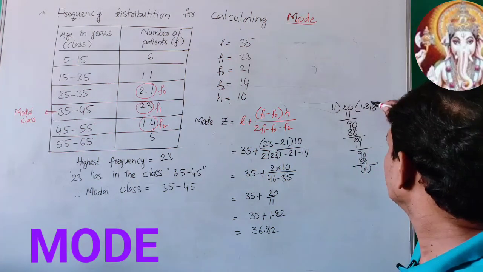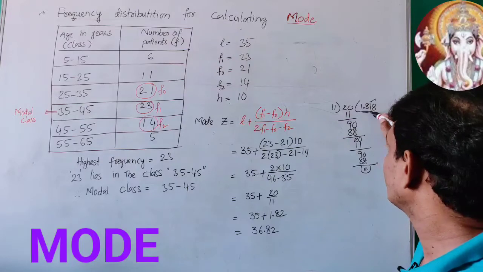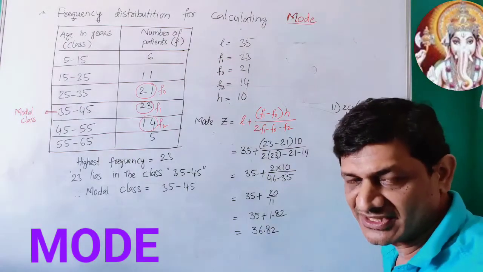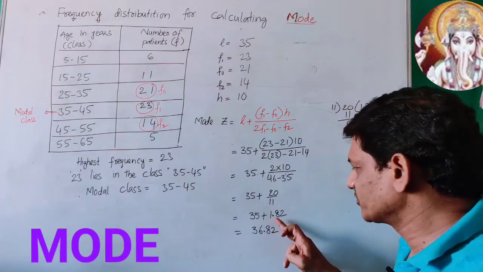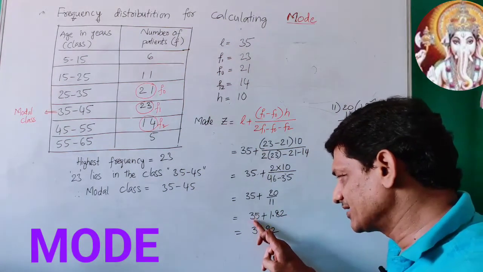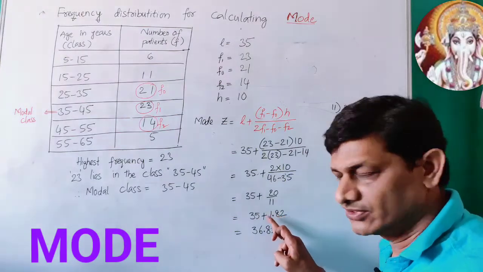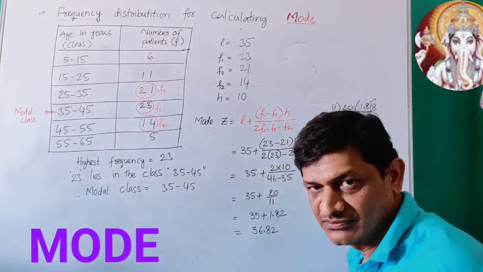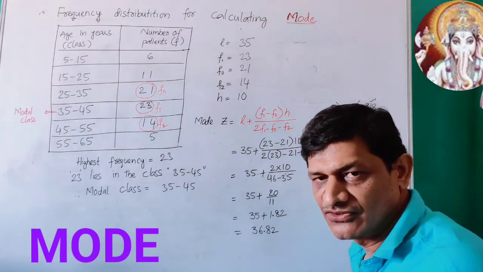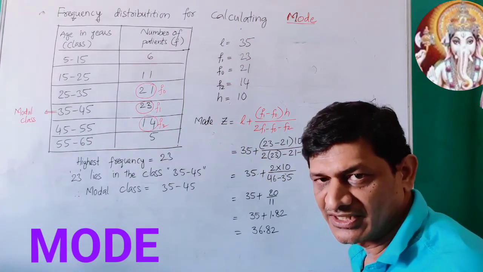By adding 1 to its preceding number, it becomes 1.82. Leave the last digit. That is called correction. So the correction up to 2 decimal places becomes 1.82. On adding 35 and 1.82, you get 36.82. This is the method to calculate the mode.